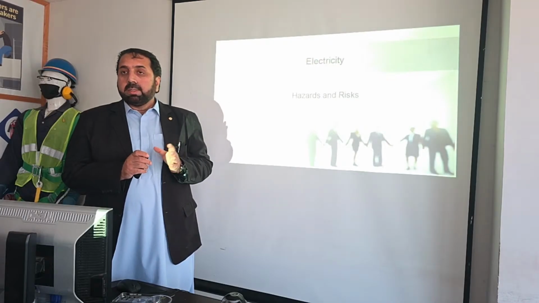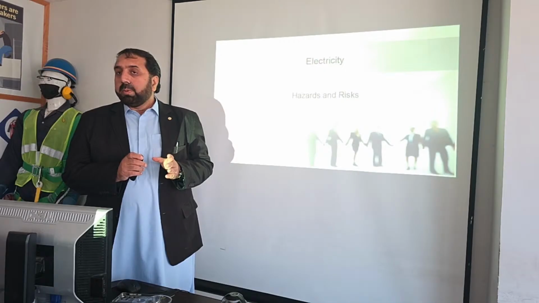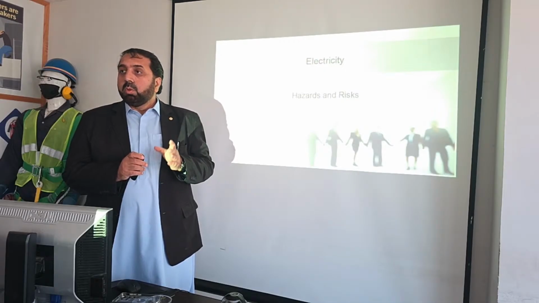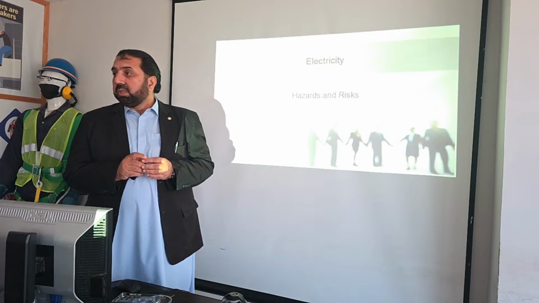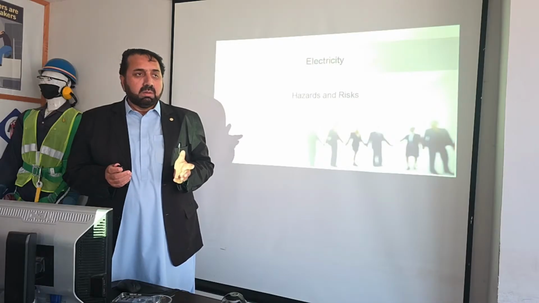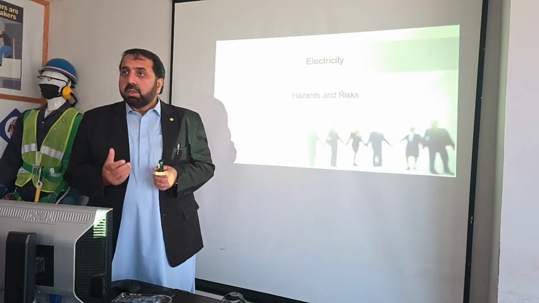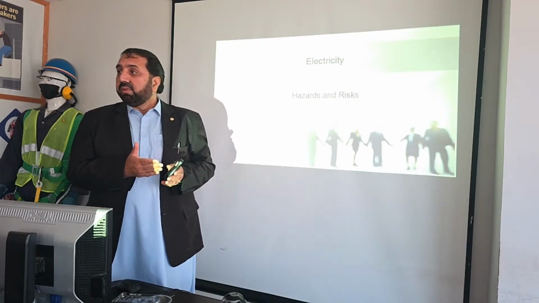So electricity is one of the greatest hazards in your workplace, and you look for the safety of electrical equipment, especially if you are using electrical equipment. What does a safety officer do? You have the gloves, you have the safety shoes. First of all, check the equipment. Is it safe or not?